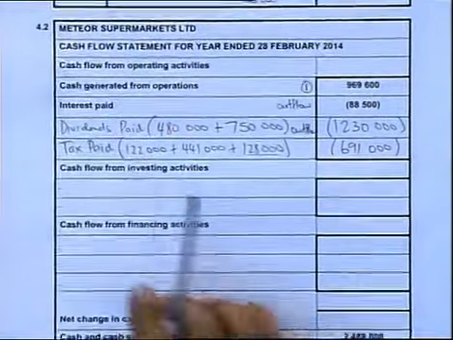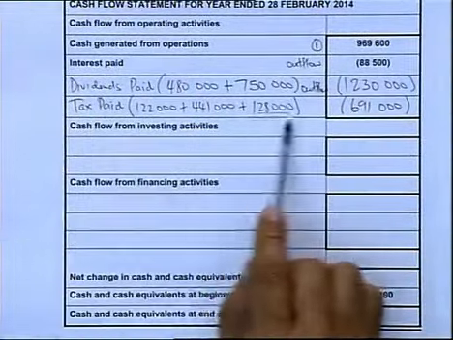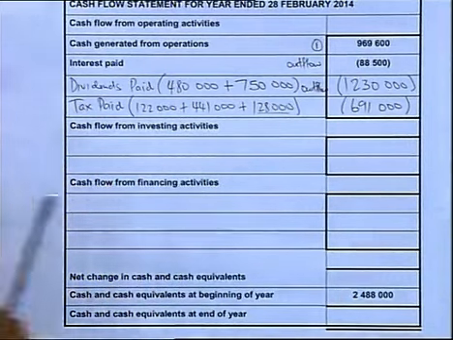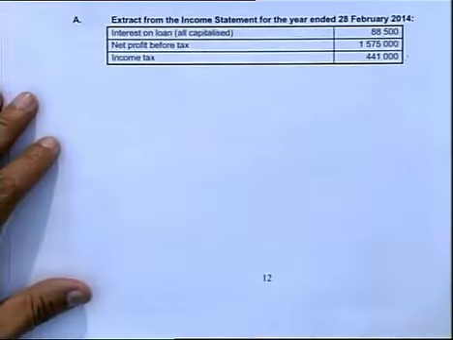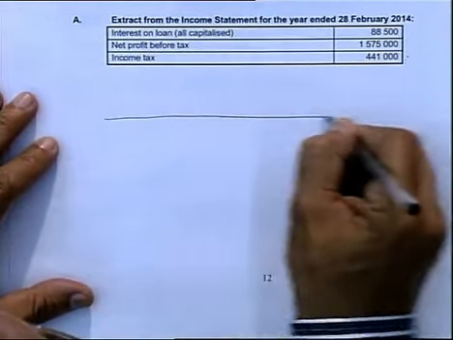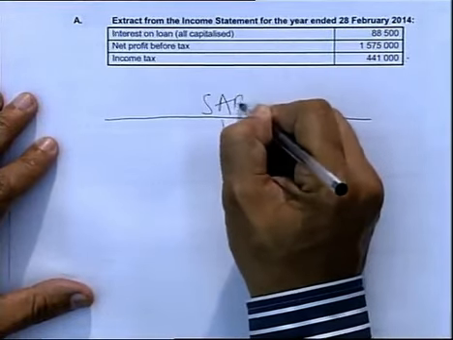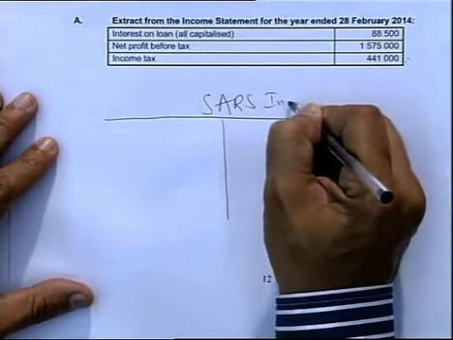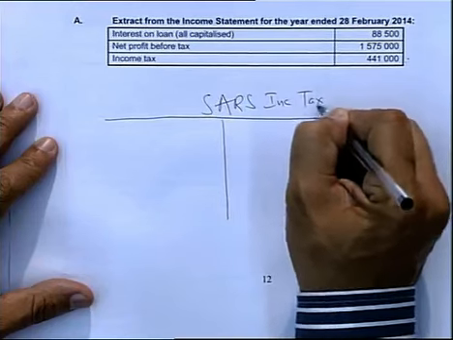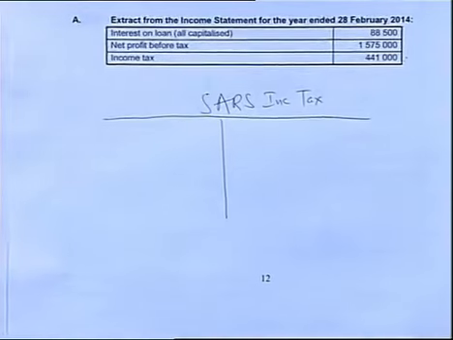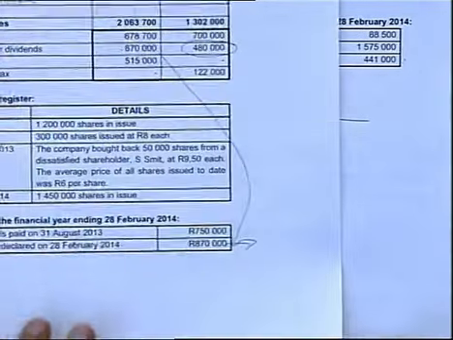Okay. We can also do another way to make sure that we get the tax, by reconstructing a SARS income tax account, and then we can see if we have calculated the figure correctly. So what I'm doing, I'm reconstructing a SARS income tax account. The opening balance of SARS was under the payables.